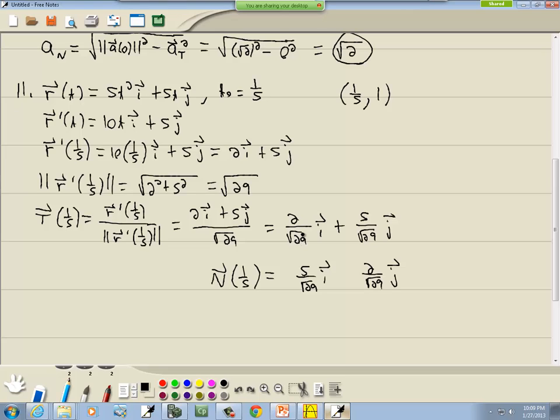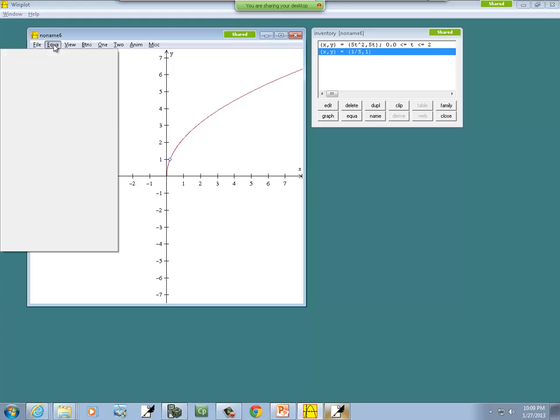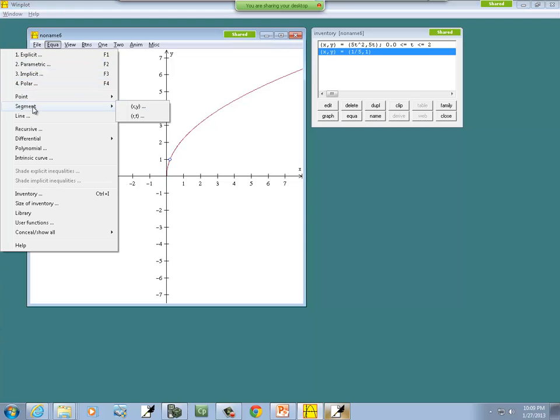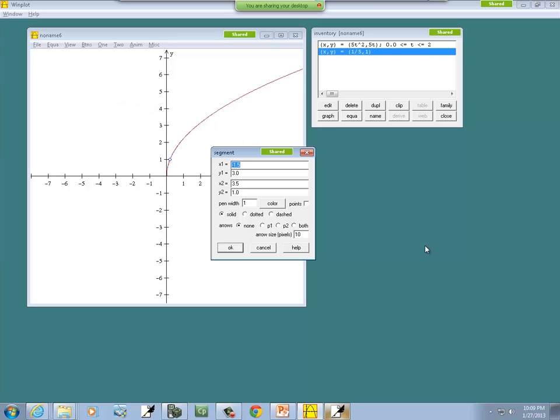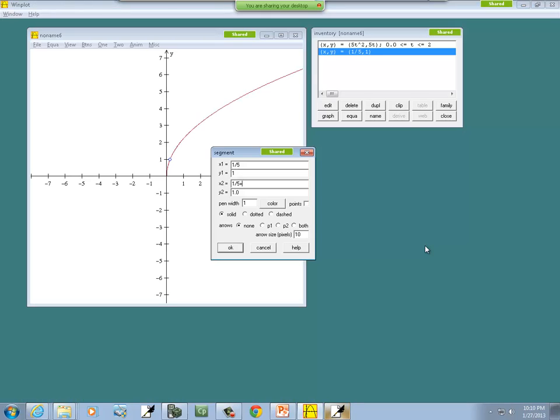What I'm doing is taking my starting place, the 1/5, 1, and adding the x component onto the 1/5, and adding the y component to the 1. So over here, I'm going to do equation segment xy, and x1 will be 1/5, and y1 will be 1, and x2 will be 1/5 plus 2 divided by square root of 29.